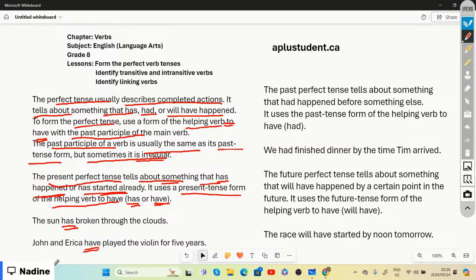So it can either be will have or just will be, but will, right? And when it comes to the future perfect tense, it uses the future tense form of the helping verb will have.